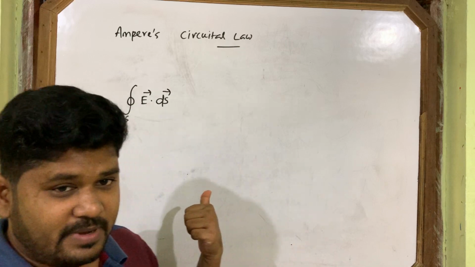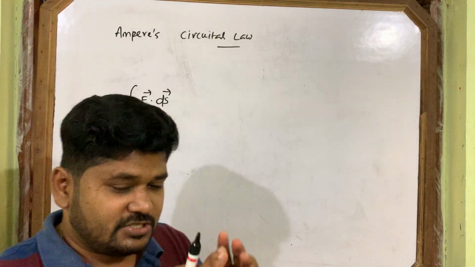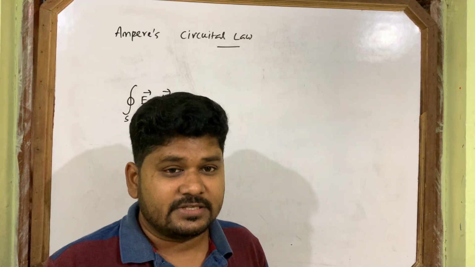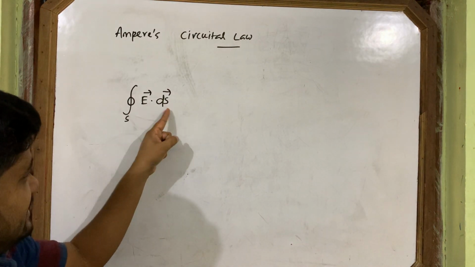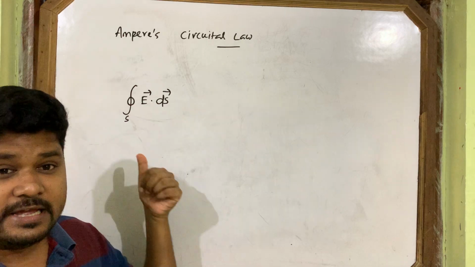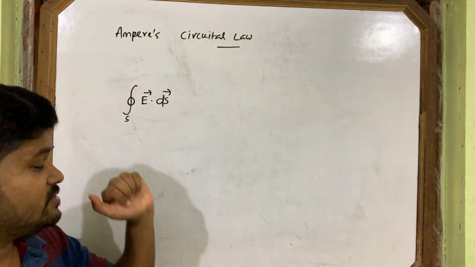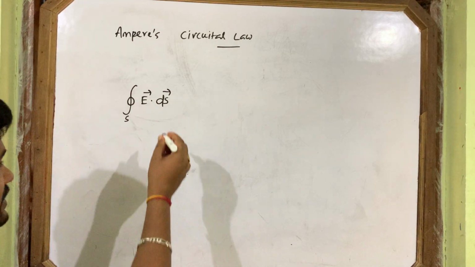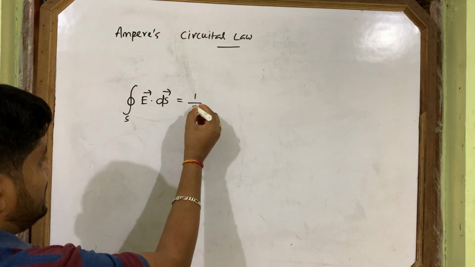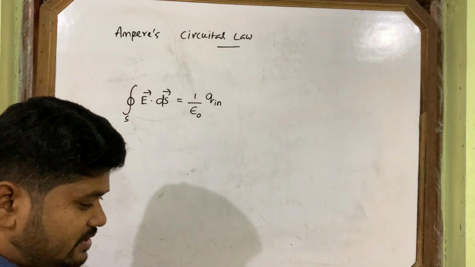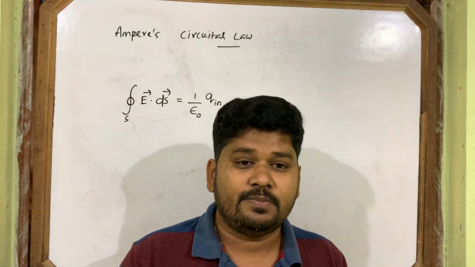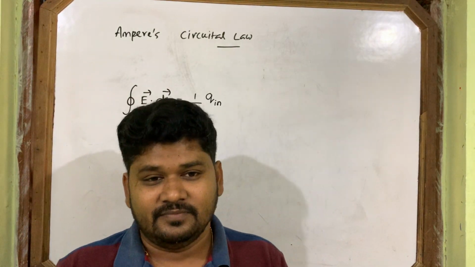When integration is done over a surface, it is called surface integration. The surface integral of electric field over a closed surface, this closed symbol we have given there, is equal to 1 by epsilon naught times the charge enclosed. Q in means the charge enclosed by the surface.